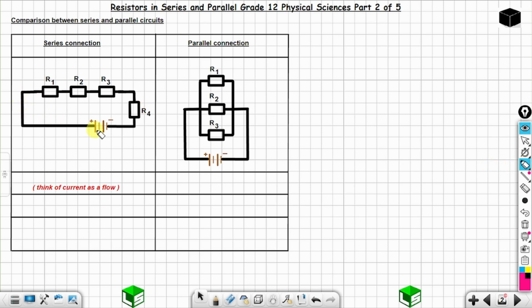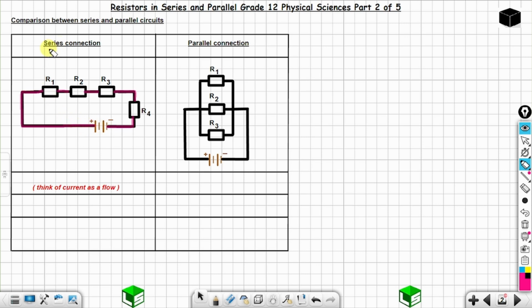Whatever is flowing from the battery, the current coming from the battery will flow through the first resistor and then go out, then will flow through the next resistor and then go out, then will flow through the next resistor and then back to the battery.